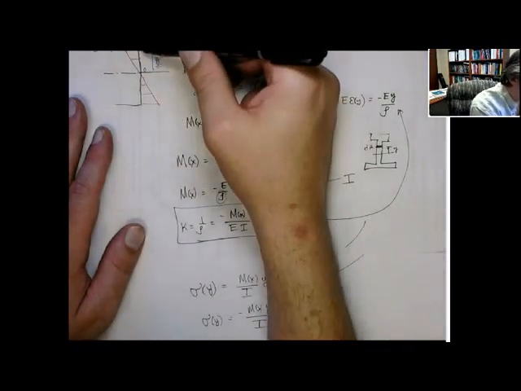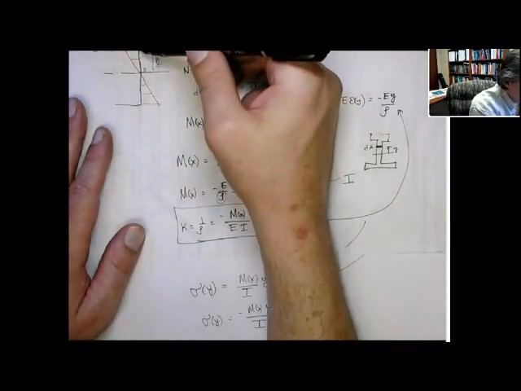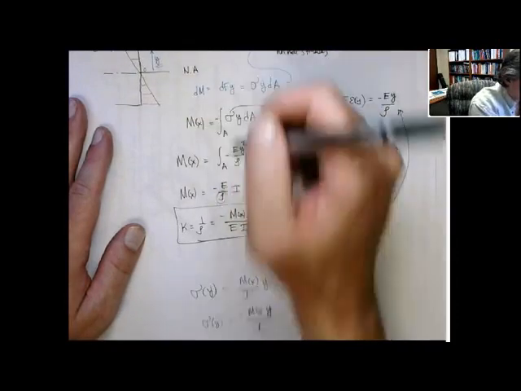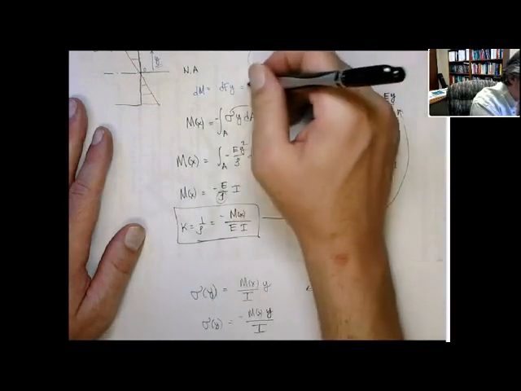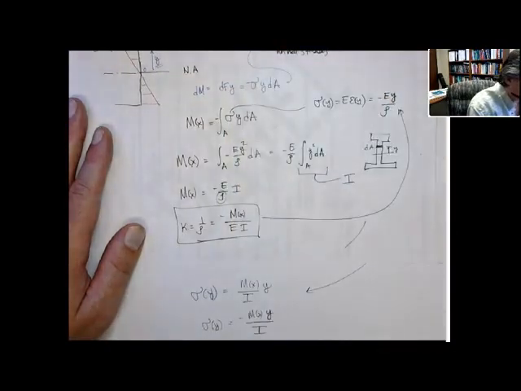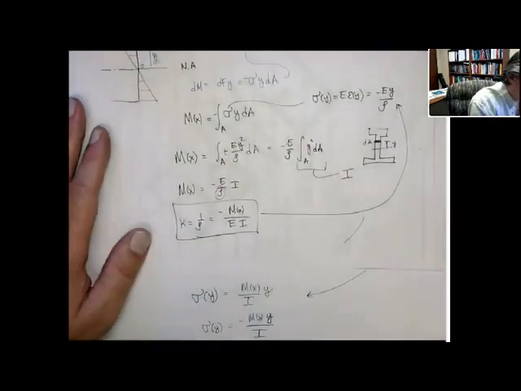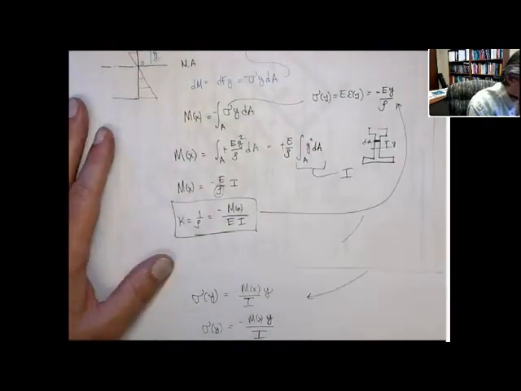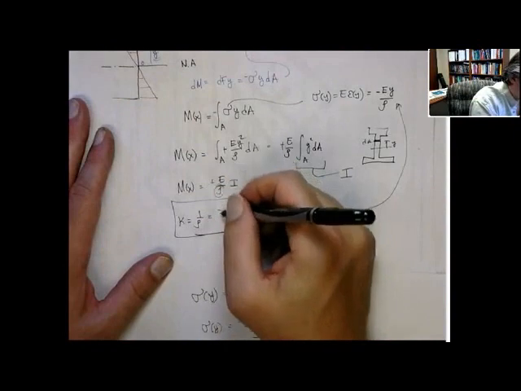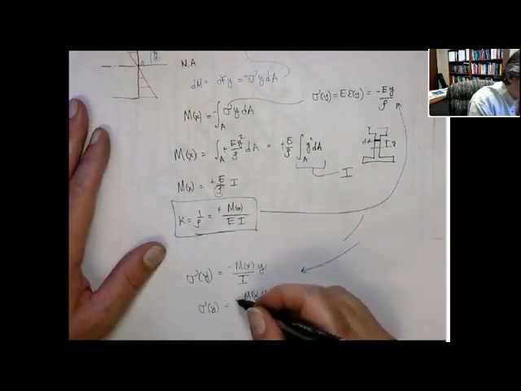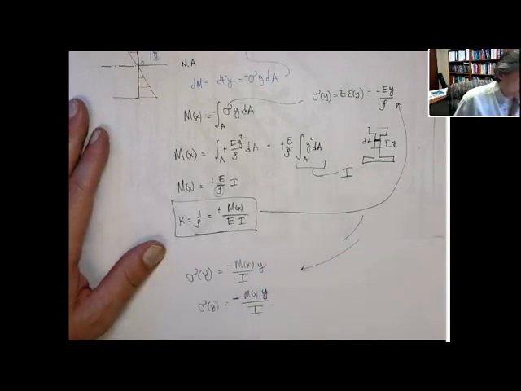But it only produces the positive moment. It's only going in this direction when the stress is negative. So actually, it should be a negative sign on that. Okay. So if it's a negative, this means this is positive. This is positive. This is positive. Which puts a negative.